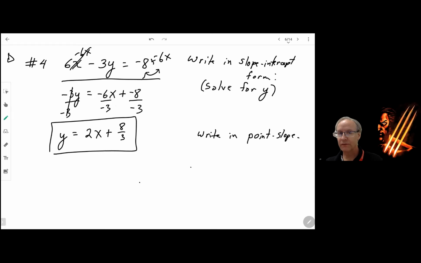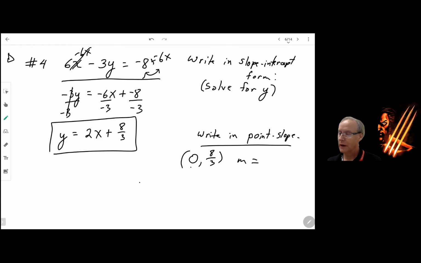In point slope form, it's a little trickier, but all you have to do to write it in point slope form is to get any point that you want. In some ways, this is kind of tricky because to get a point, you have to put a number in for x or y. The easiest point is usually 0. So I'm going to just put in 0 for x, and that gives me 8/3 for y, which isn't a great point, but it'll work.